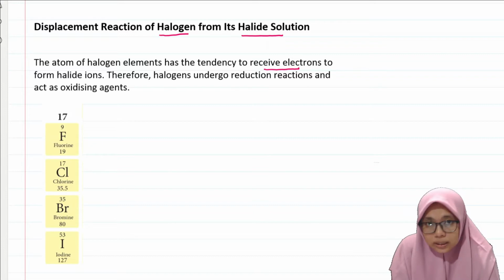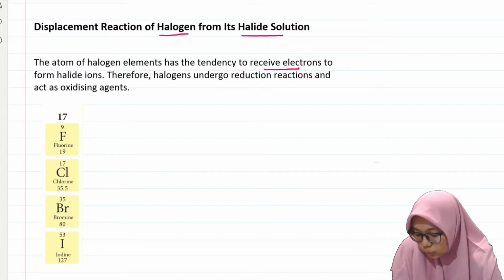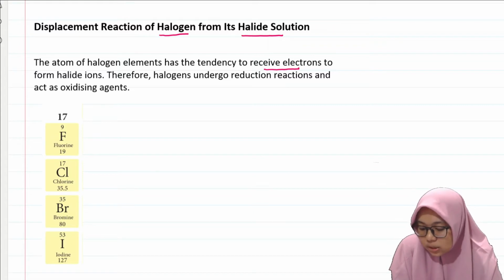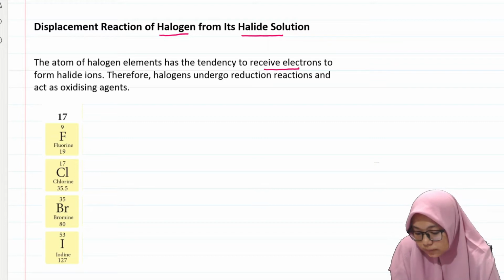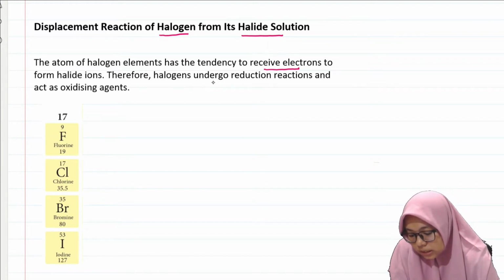So why? I will draw the electron arrangement of the fluorine atom to explain the tendency of the halogen element to receive electrons. The statement says here that the halogen will undergo a reduction reaction and act as an oxidizing agent.